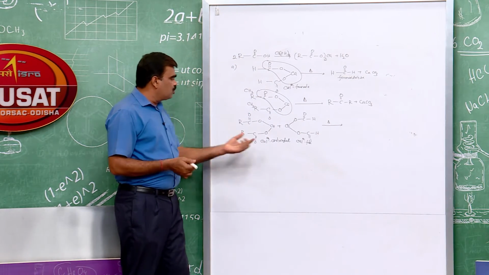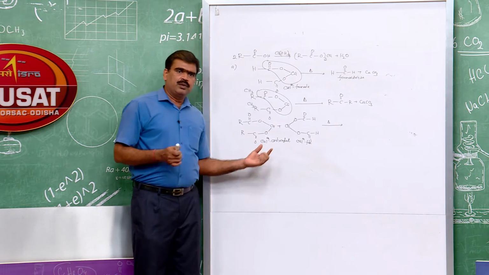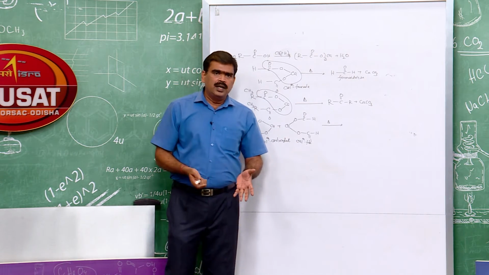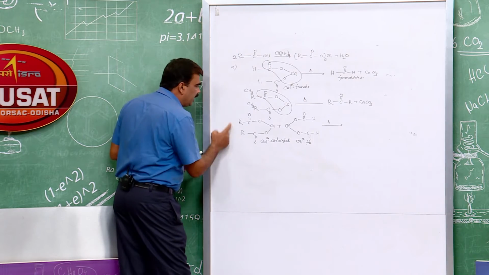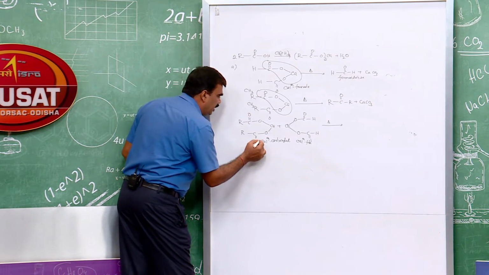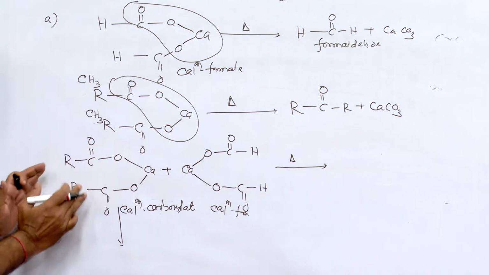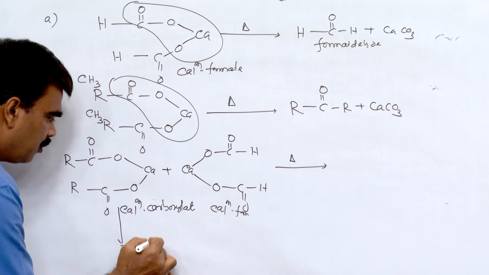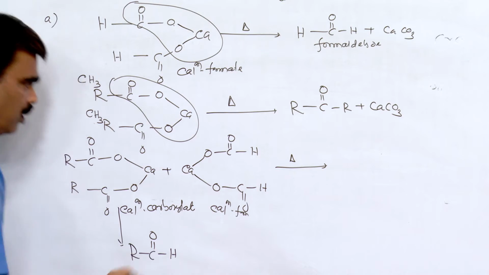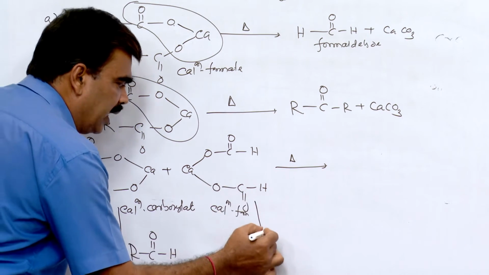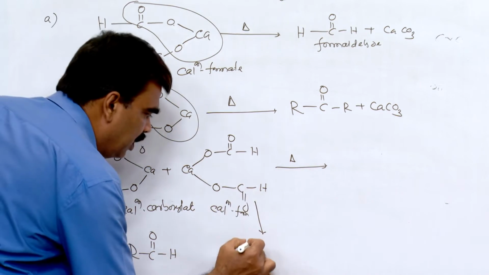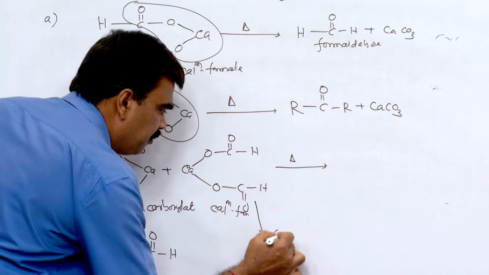We are taking many molecules here, and there are many molecules in the other salt too. So this calcium carboxylate will undergo dissociation within itself and give you ketone. And this molecule, calcium formate, will also undergo decomposition within itself and give you formaldehyde.